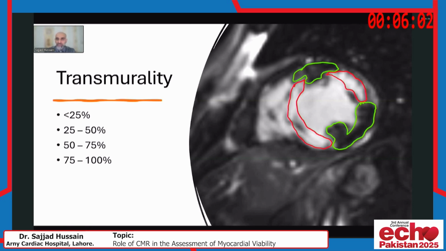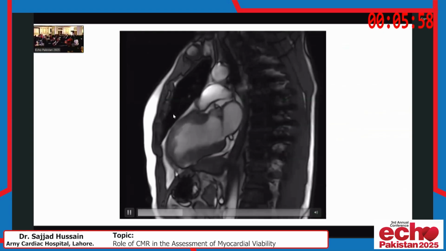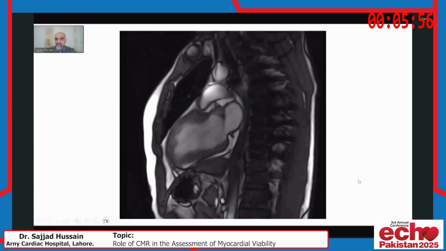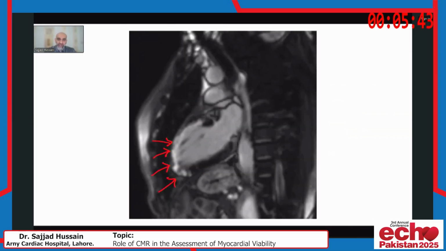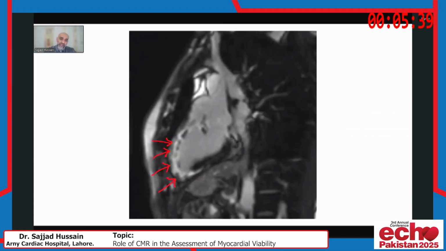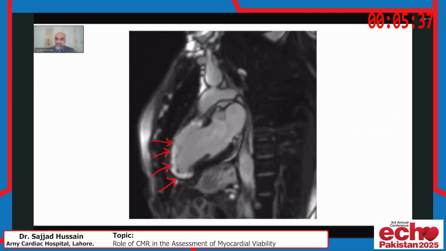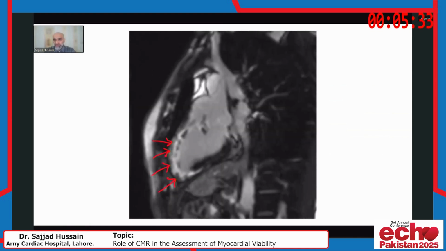Now, this is another case, and you can see here that the anterior wall in the two-chamber view and the apex is severely hypokinetic or akinetic with a reduction in LV function. If you look at the areas marked in red, they are all highlighted or gadolinium enhancing, which means that the entire LAD territory is almost completely transmurally scarred.